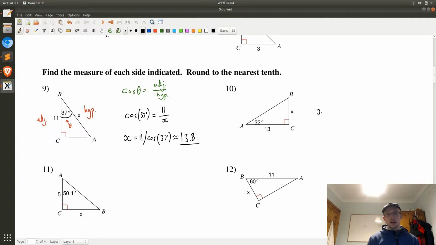So x is 13 tan of 32. Enter. We obtain 8.1.